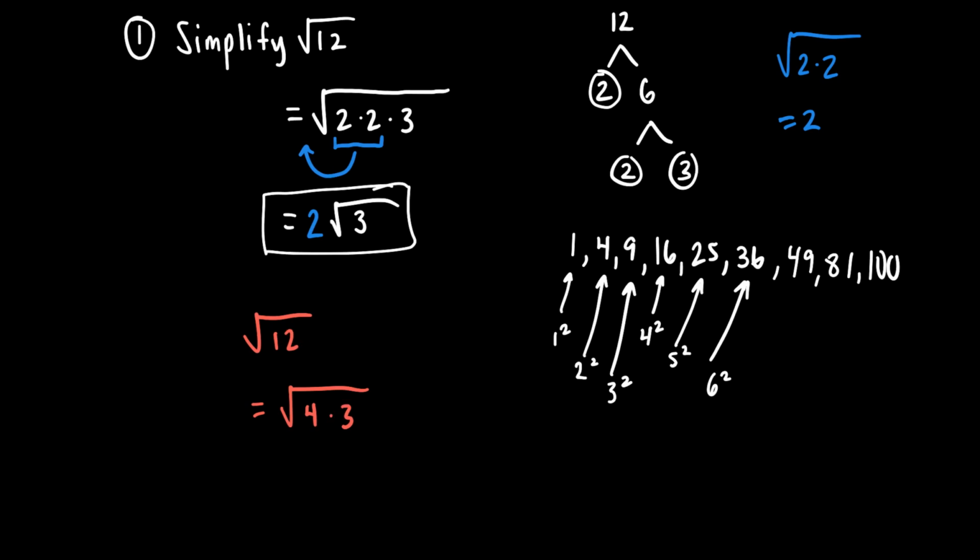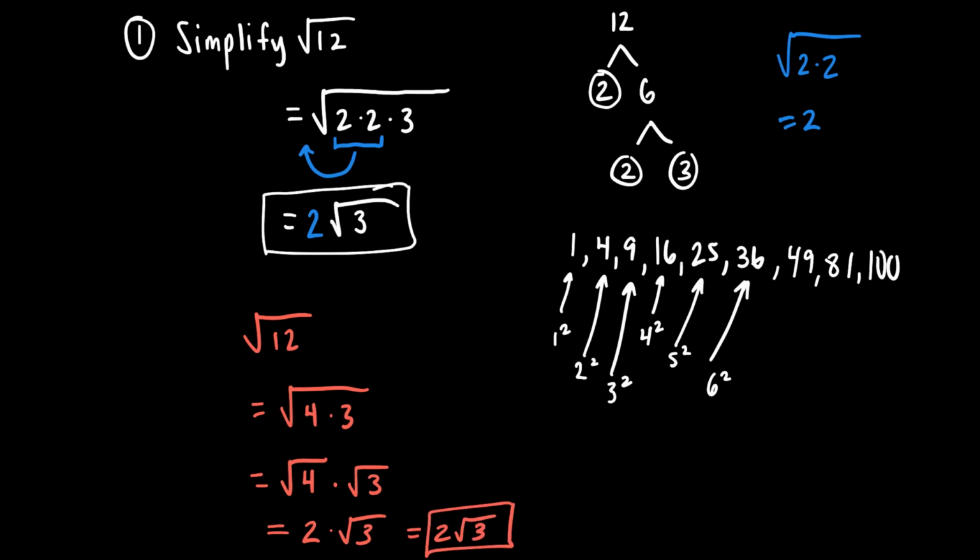Then they say if you have the square root and you're multiplying under it, you can break it apart and take the square root of each individual thing and multiply. So you have the square root of 4 times the square root of 3. The square root of 4 is just 2, and then you multiply by the square root of 3, so that's just 2 radical 3.